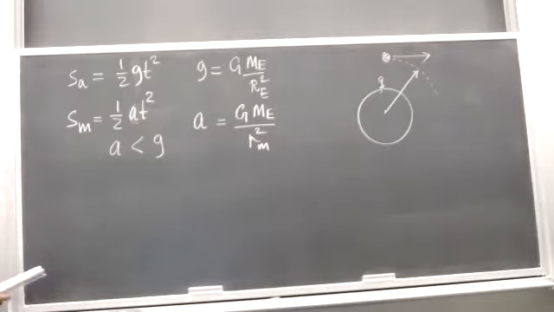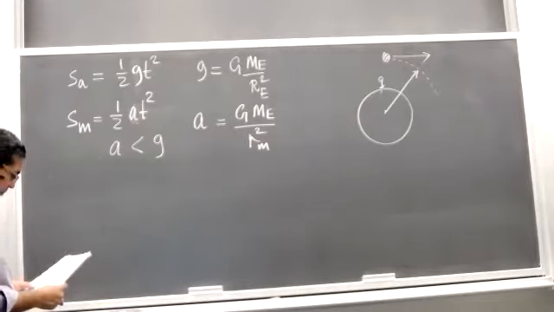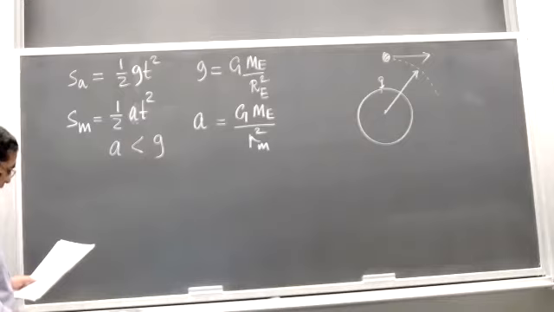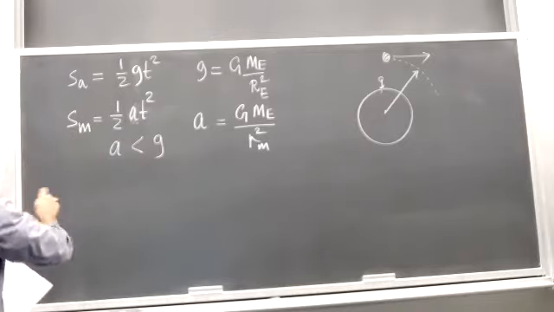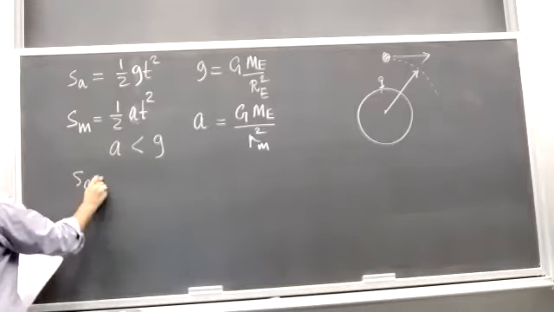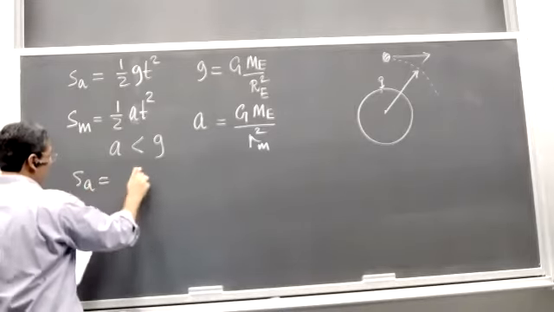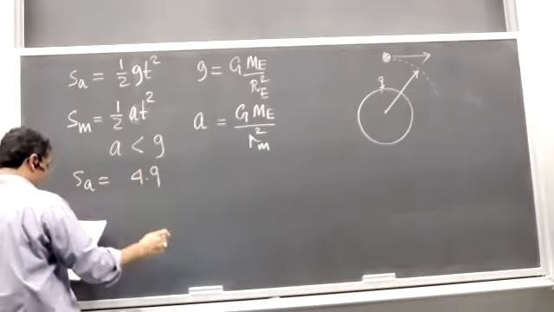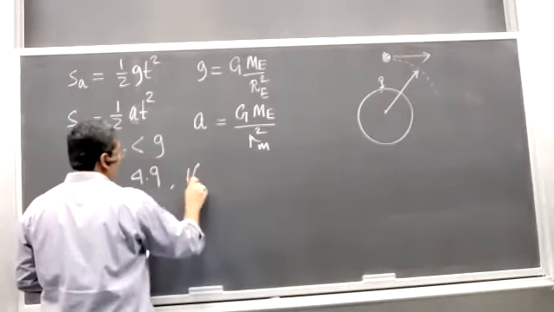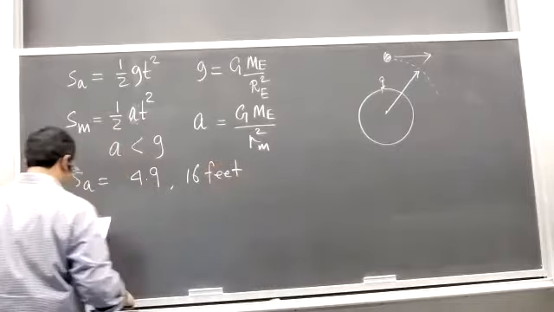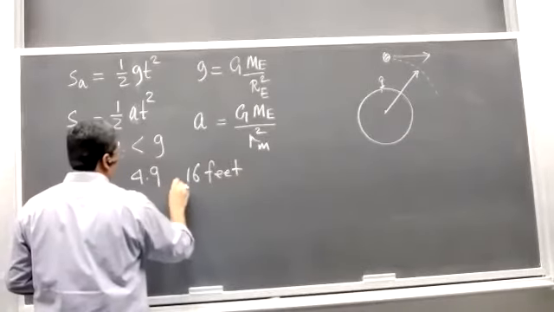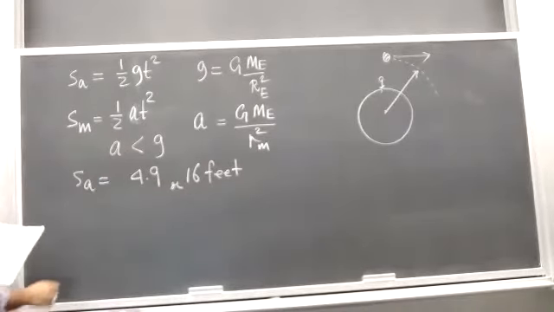Now let's try to calculate this. This you can actually calculate. What would the apple fall in 1 second? 4.9 meters, no? Or 16 feet, in 1 second.